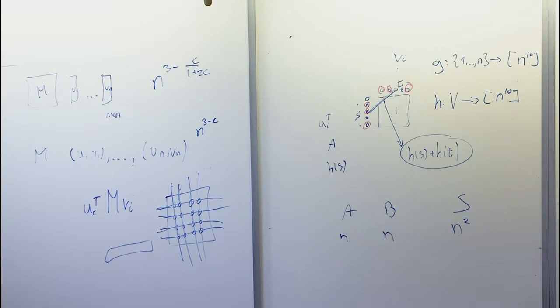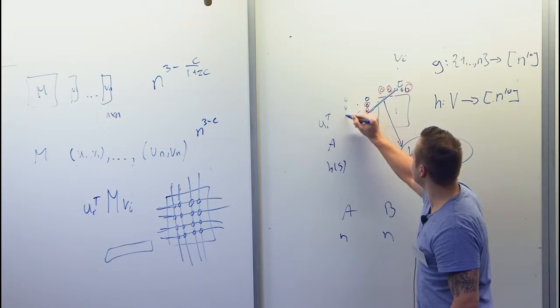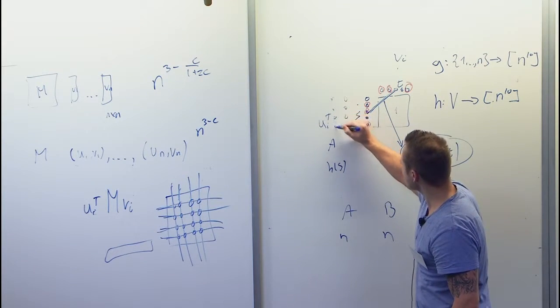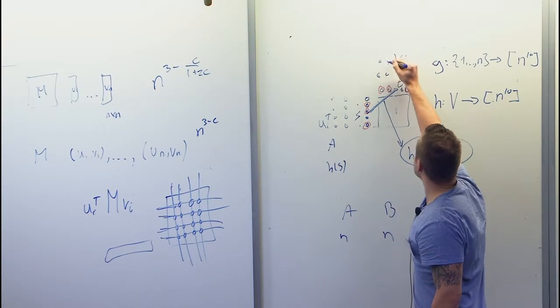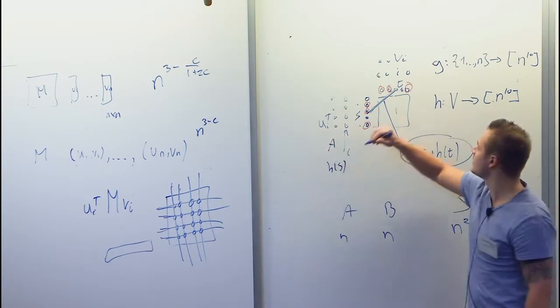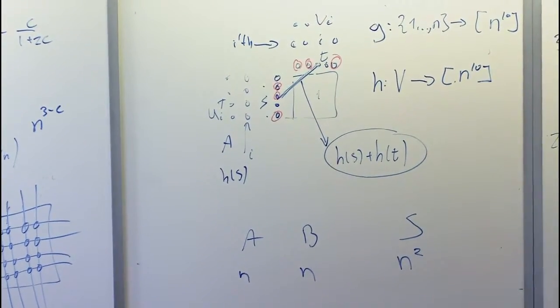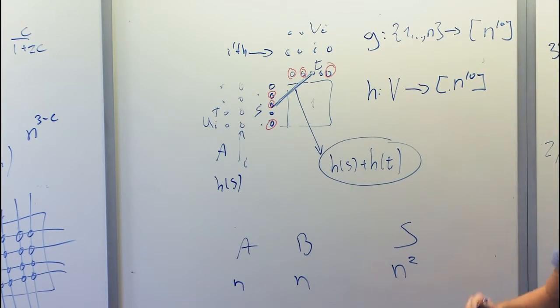Now, what I conceptually do is, for each of these pairs, you imagine you have a copy of all these nodes. So this is for the ith pair. You have a copy of all the nodes, and you're selecting a subset of them.